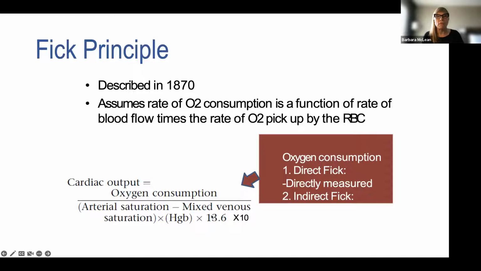You only add in the 10 if it's 1.36. Arterial sat times hemoglobin times 13.6. And then you subtract mixed venous saturation times hemoglobin times 13.6. That's called content of arterial sat minus the content of venous sat. And it requires that you have a mixed venous blood gas, not a central venous blood gas.